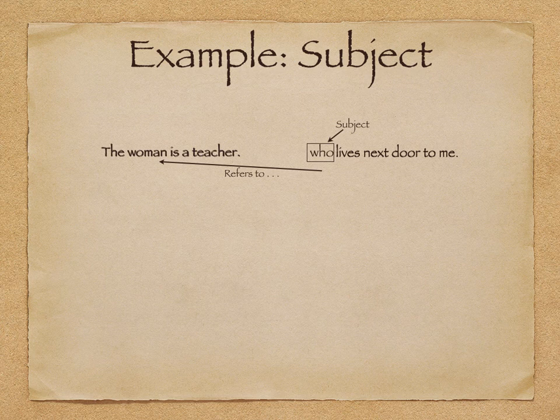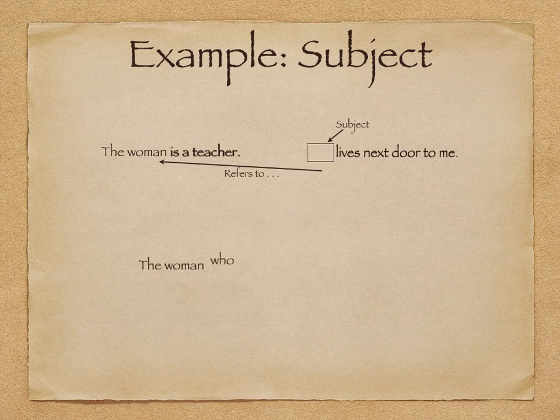Now I'm going to put the two sentences together. I start with the noun that I'm modifying, so the woman. And then something that's really important to keep in mind is that your relative pronoun, who, whom, whose, that, which, the relative pronoun always goes next to the noun that you're modifying. In this case, that's really easy to do because our relative pronoun is the subject of the clause, so it's already at the beginning of the sentence.